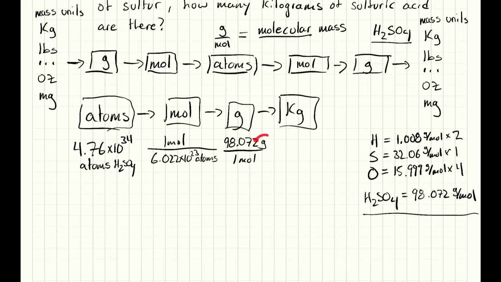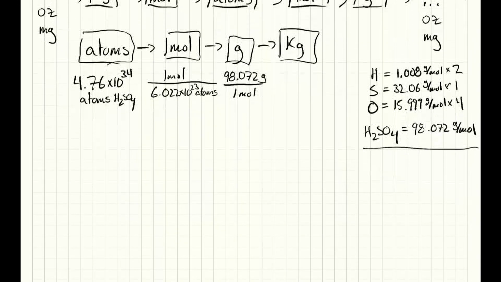And you'll see that we have grams on top, and grams is the unit that we want to end up with based on our solution diagram. And then to go from grams to kilograms, you need to know that 1 kilogram is equal to 1,000 grams. So the unit that we want will go on top, 1 kilogram.